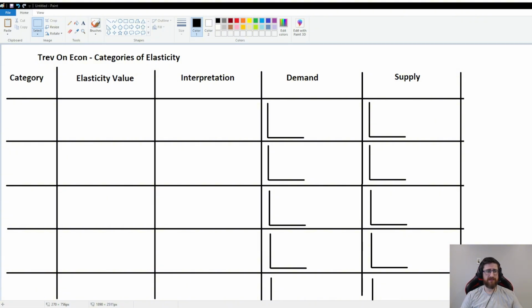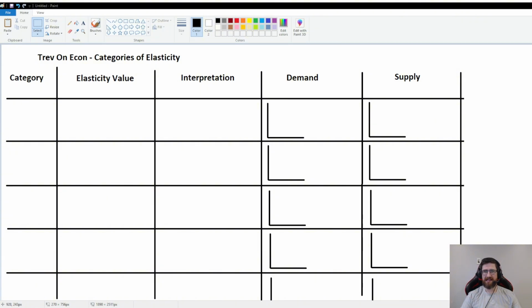If you notice, I've set up this little table here. There's 5 rows after the titles. We've got category, that will be the name of the type of elasticity. We've got the elasticity value, that will be what the elasticity number has to be in that category, as well as a general interpretation, what it means to be in this category, and what a generic demand and supply curve might look like in that category.